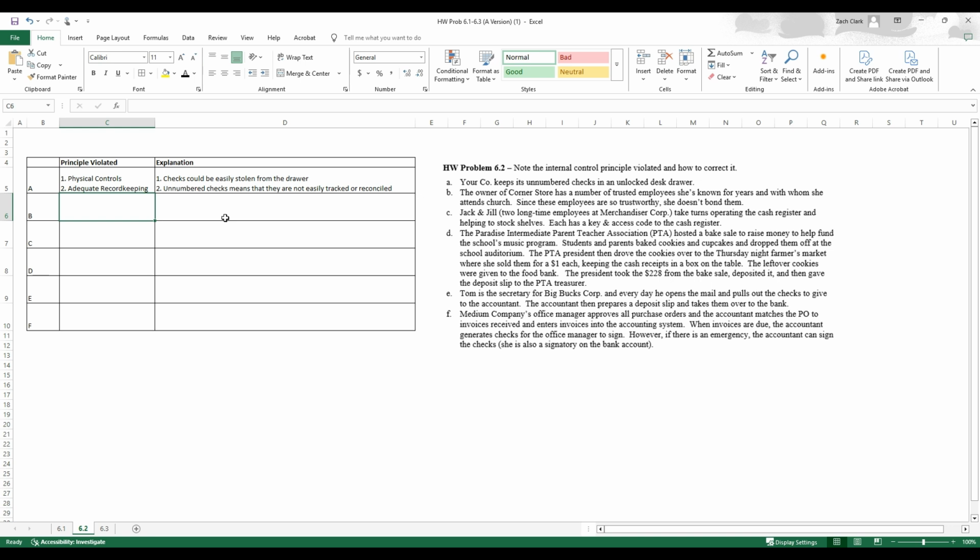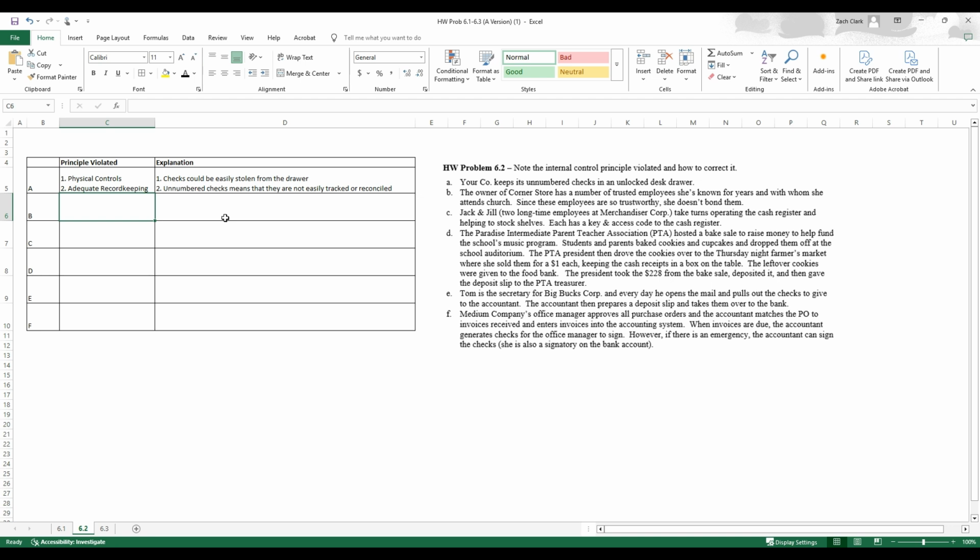Okay, letter B says the owner of Corner Store has a number of trusted employees she's known for years with whom she attends church. Since these employees are so trustworthy, she doesn't bond them. Bonding an employee means that they are essentially insured against, in case they do some kind of fraud, so you have some insurance against that occurrence.